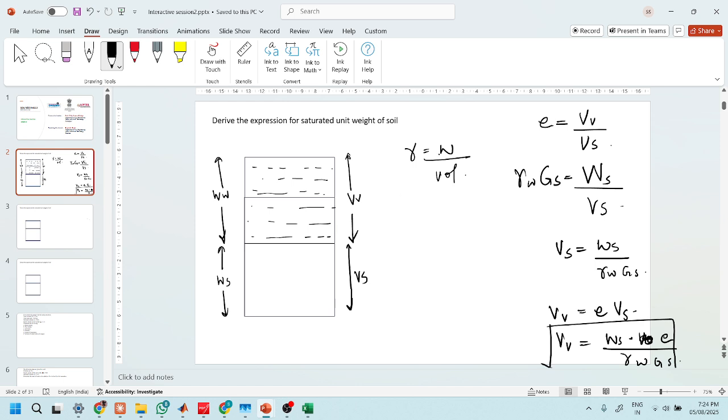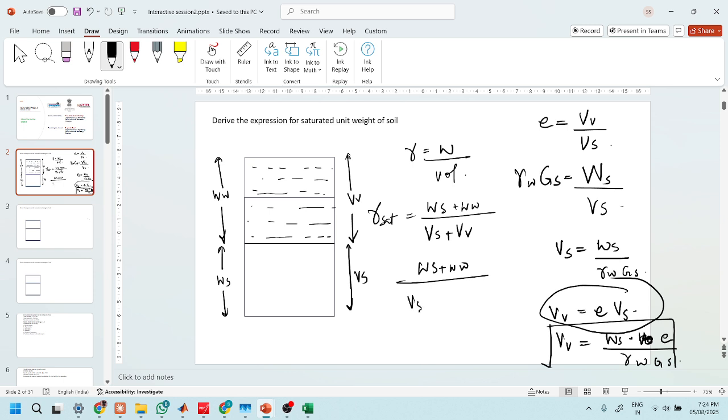And then gamma saturated will be weight of solids plus weight of water over volume of solids plus volume of voids. But volume of voids is e times Vs. So volume of solids plus e times volume of solids, that will be volume of solids times 1 plus e, over weight of solids plus weight of water.